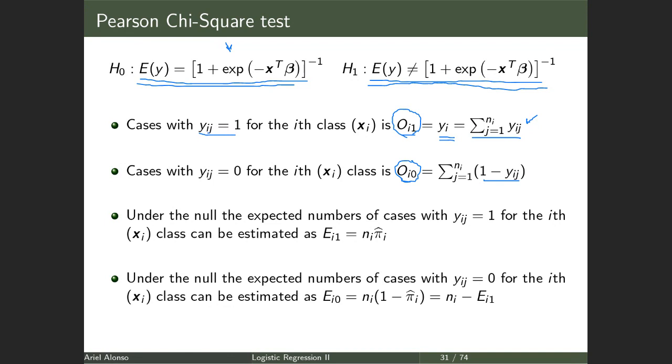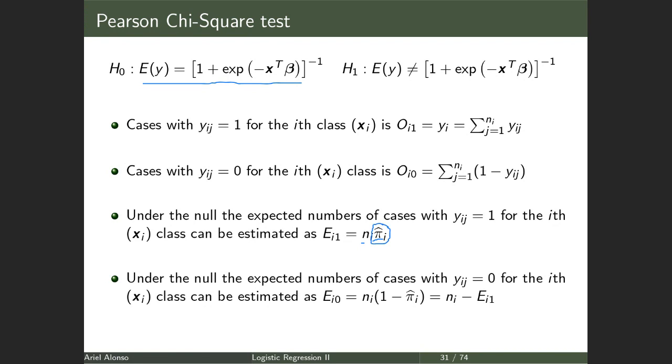Now, if the null hypothesis is true, and this model actually is a good model, if my logistic model is capturing the main feature of the data, then how many successes do I expect in treatment i? You expect ni times pi hat. Now this is what my model predicts will be the probability of success for treatment i.